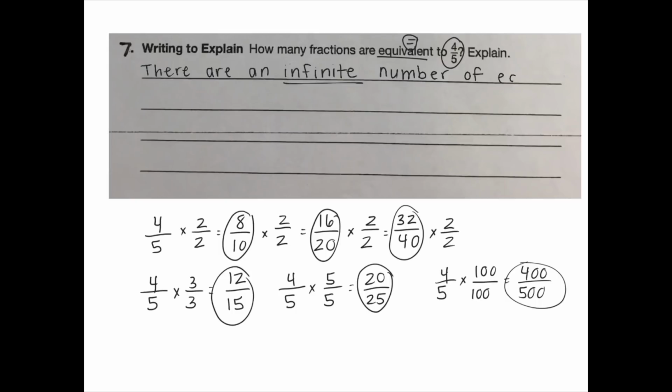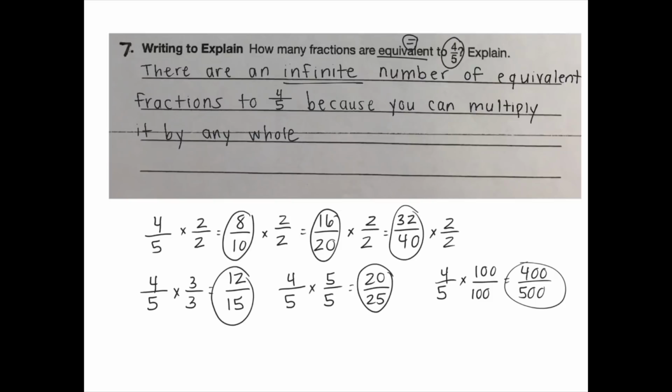of equivalent fractions to 4/5, and I'm going to write that, but really it's to any fraction, but this question's asking us about 4/5, so I'll write that. There are an infinite number of equivalent fractions to 4/5 because you can multiply it by any whole.